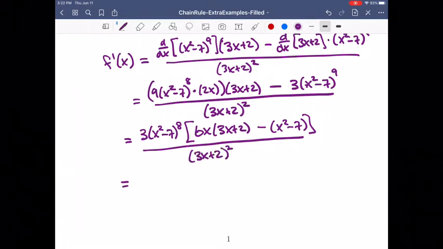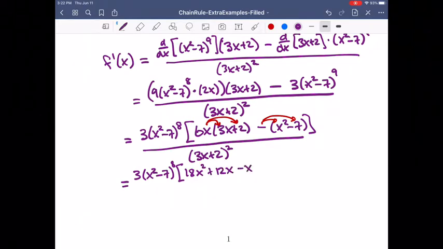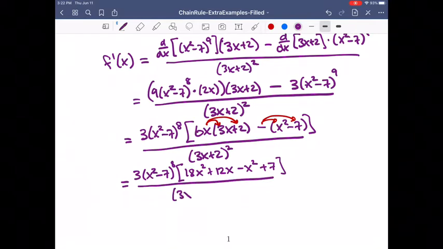Now I can simplify in this bracket. I expand here, expand the negative through. So it's going to be 3(x squared - 7) to the power 8 times [18x plus x squared times 12x... minus x squared plus 7], and that's all over (3x + 2) all squared.